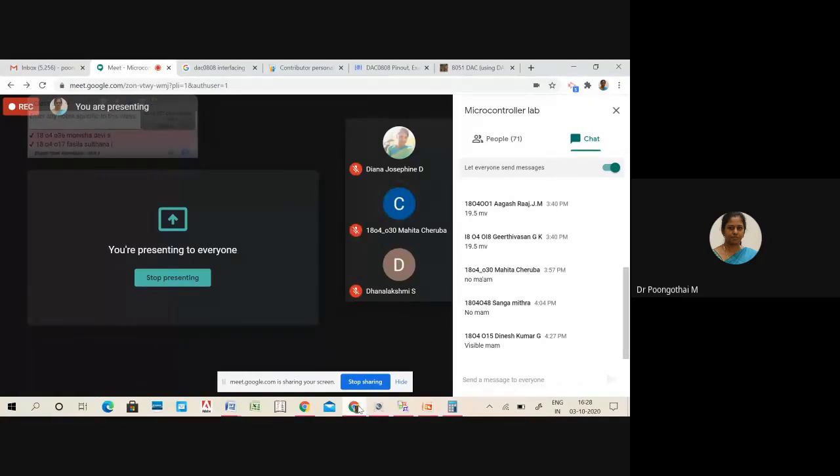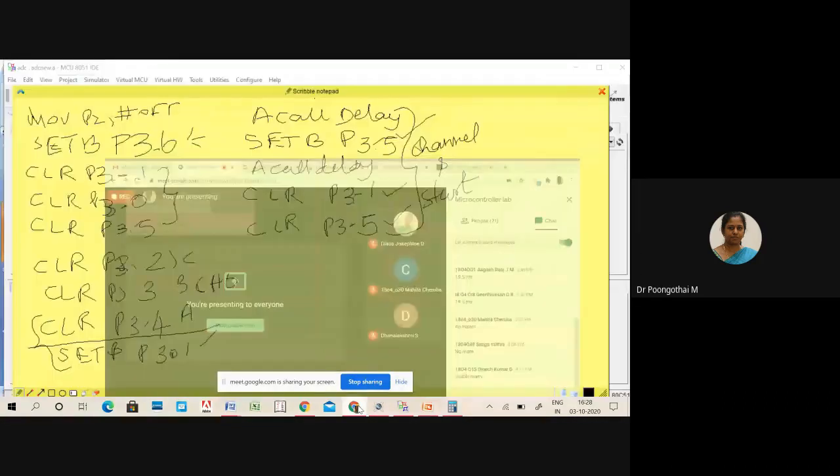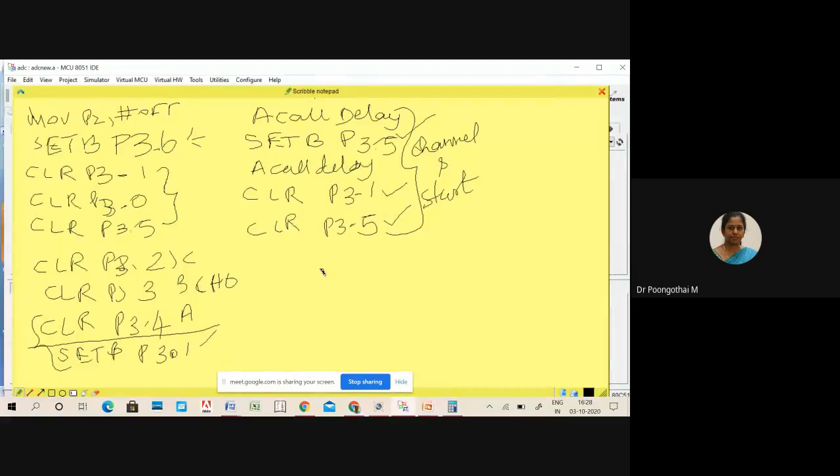Your microcontroller will continuously monitor the end of conversion signal. So here you have to incorporate jump bit P3.6, L1. So this instruction waits till end of conversion becomes low.